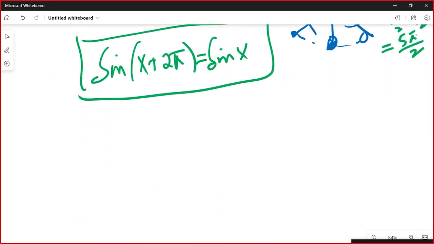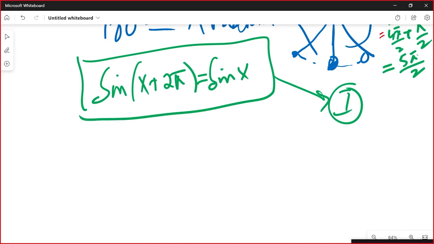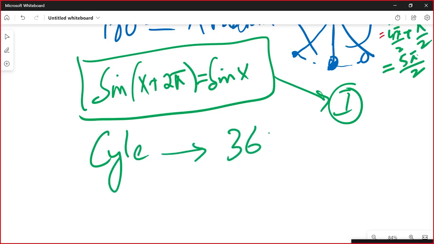So we have done 3, 4 rules. The first was this, which I have just written. Then we say cycle: sine x cycles at 360 degrees or 2 pi radians. You got that?